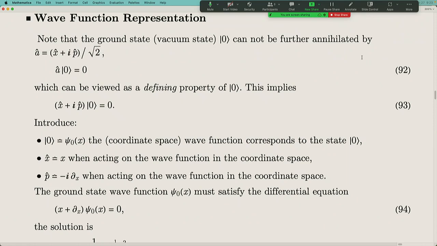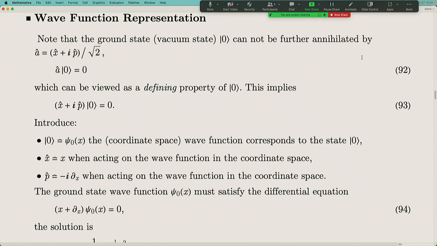But now, suppose we can represent everything in terms of the position eigenbasis, which means that we are going to represent this ground state as a wave function, because in the position eigenbasis, every state is basically represented as a superposition of the position eigenstates, with the superposition coefficients corresponding to the wave function.